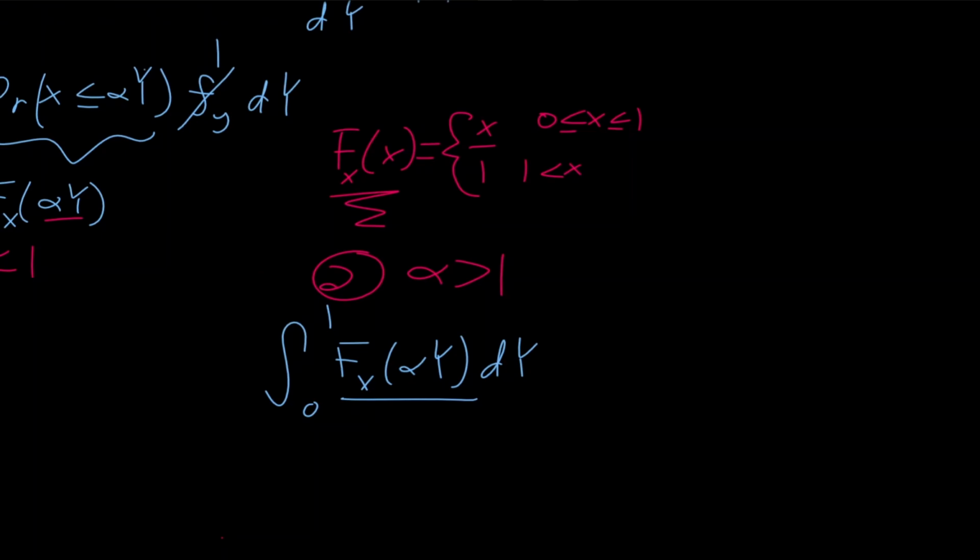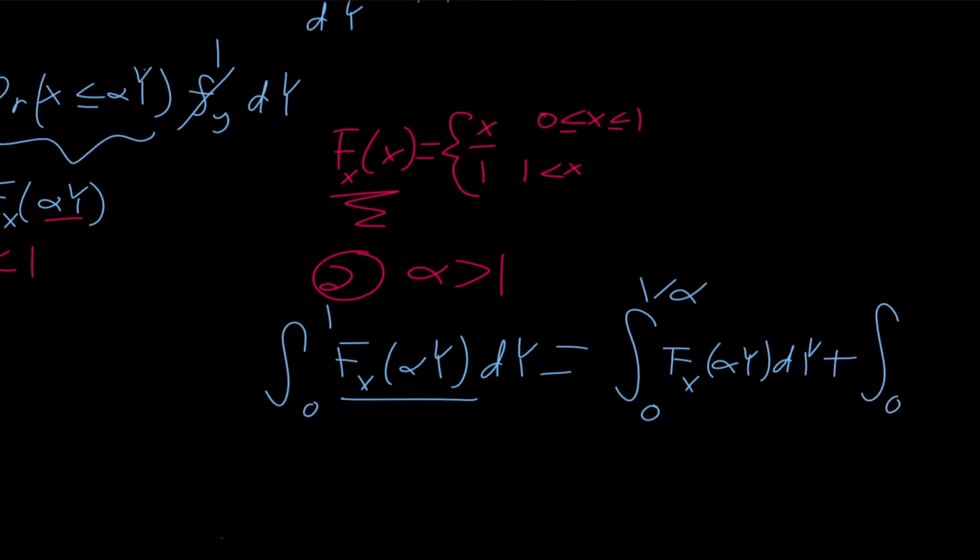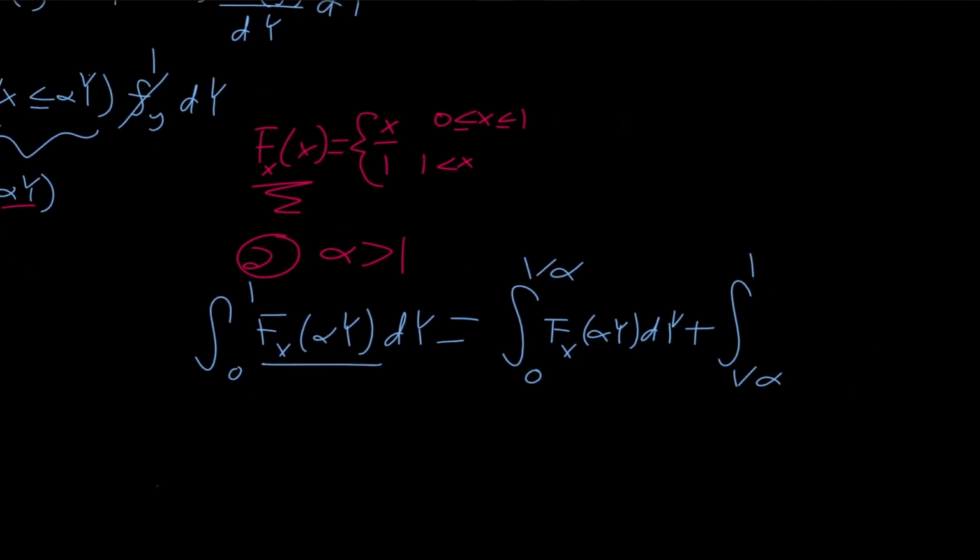We need to split it up into the region where y goes from 0 to 1 over alpha of f sub x of alpha y dy, and then into the region from 1 on alpha to 1 of the exact same thing. So f sub x of alpha y.